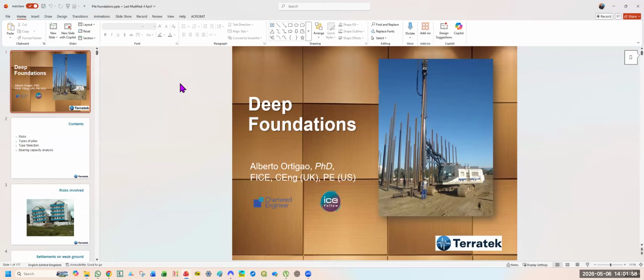In the last couple of years, I became a fellow of the Institution of Civil Engineers, also a chartered engineer by the Engineering Council in the UK, and also a professional engineer in 3 states in America. So I'm going to discuss deep foundations, and let's get started.